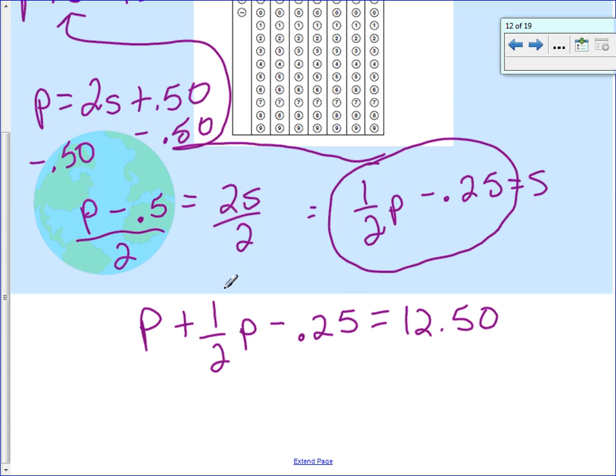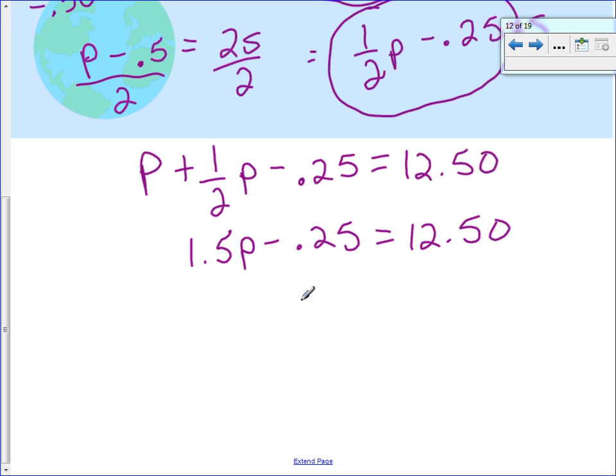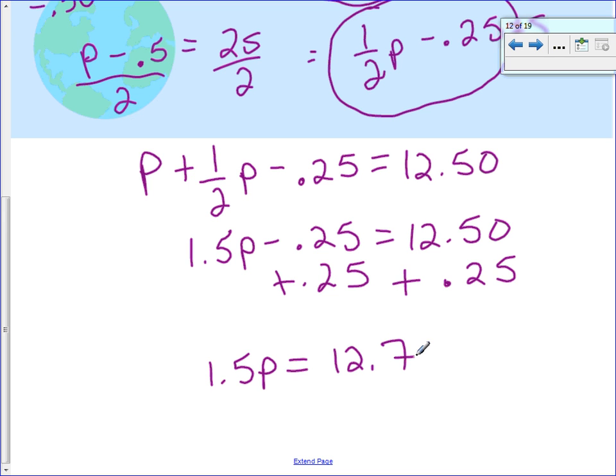Okay? Now I'm going to combine like terms. What's 1P plus 1/2 of P? 1.5P. Now that I've combined like terms, I want to move this 25 cents over. Plus 0.25 on both sides. So now I have 1.5P equals 12.75.